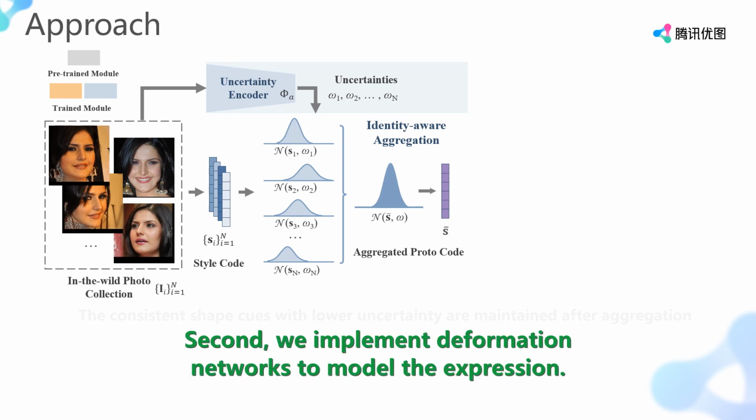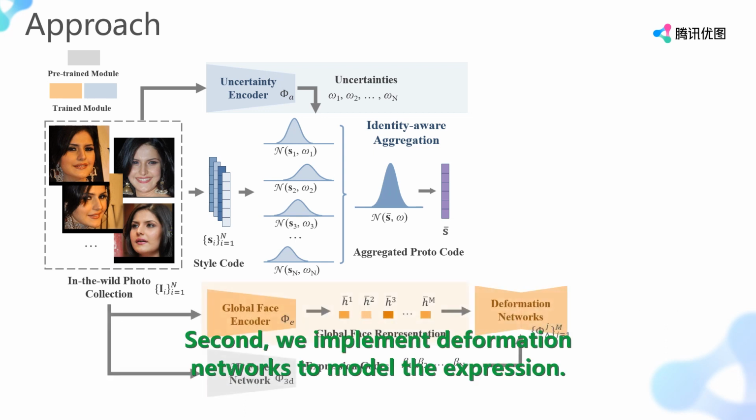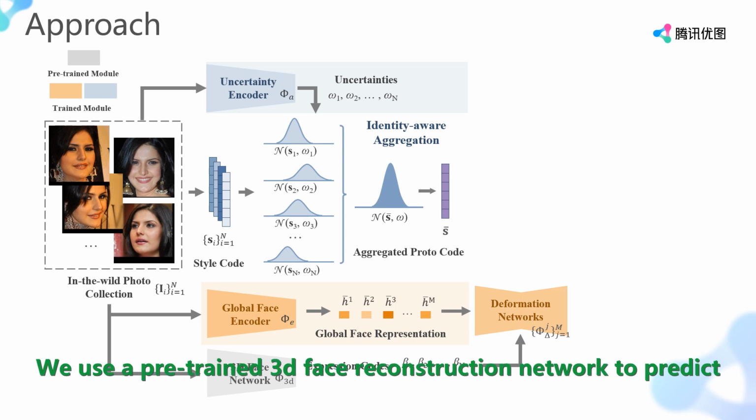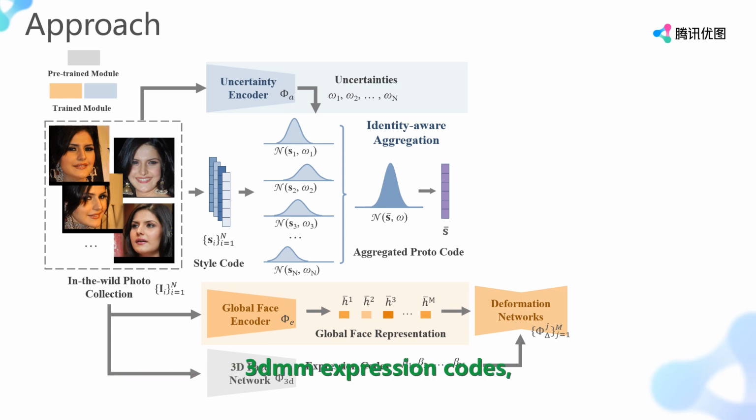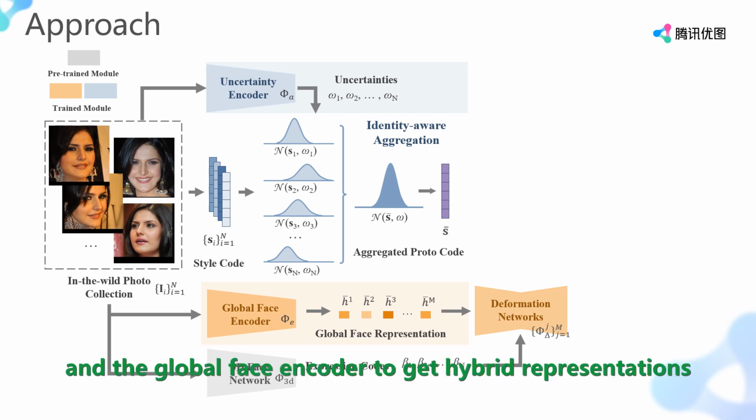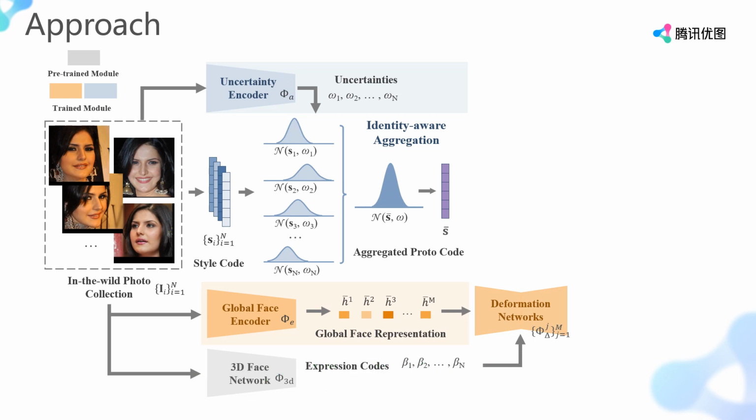Second, we implement deformation networks to model the expression. We use a pre-trained 3D face reconstruction network to predict 3D expression codes, and a global face encoder to get hybrid representations for personalized expression.